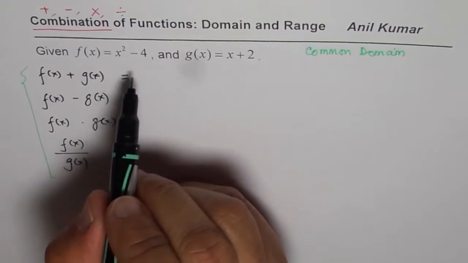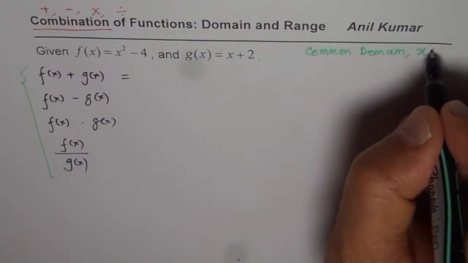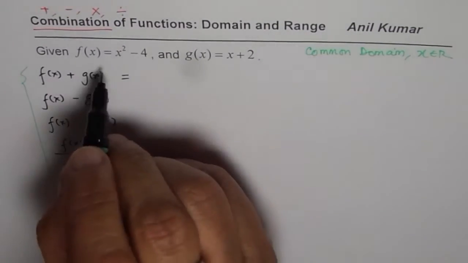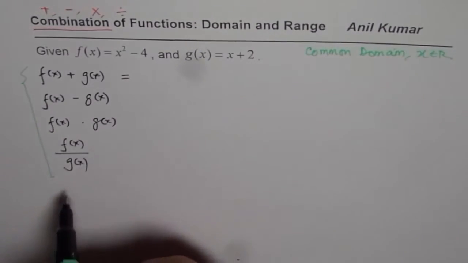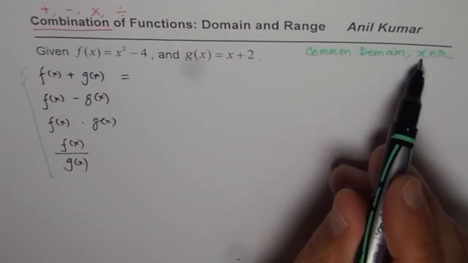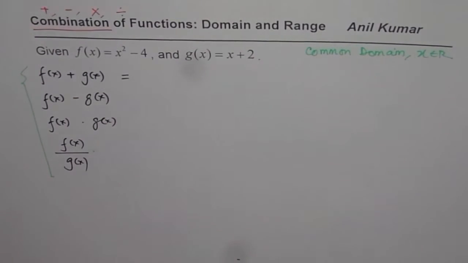Fortunately for us, for both the functions the domain is x belongs to real numbers, and therefore that is the common domain. So we can perform all these operations in this domain of x belongs to real numbers. There will be some restrictions when we do the quotient. We'll look into that in detail later.